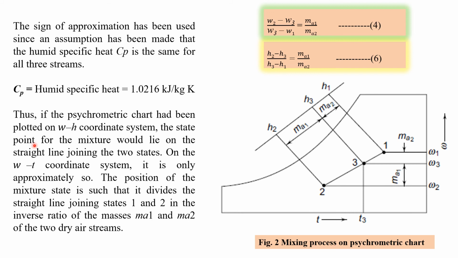The position of the mixture state is such that it divides the straight line joining state 1 and 2 in the inverse ratio of the masses Ma1 and Ma2 of the two dry air streams.